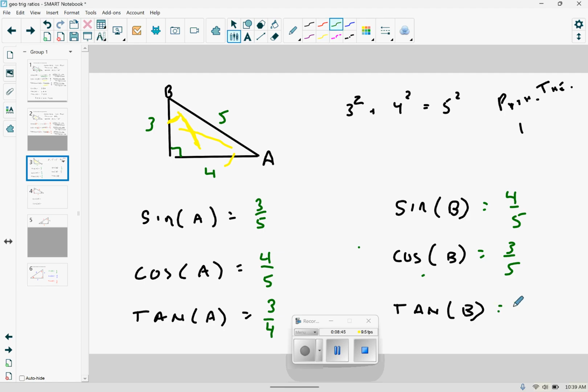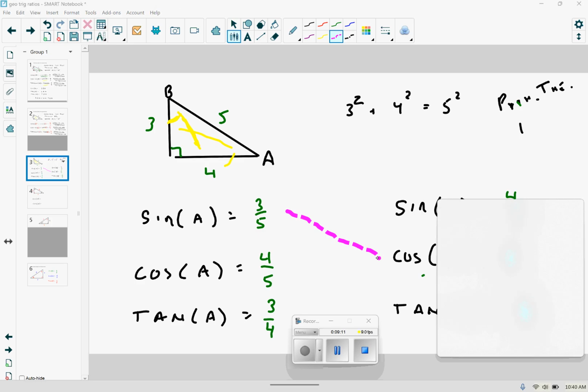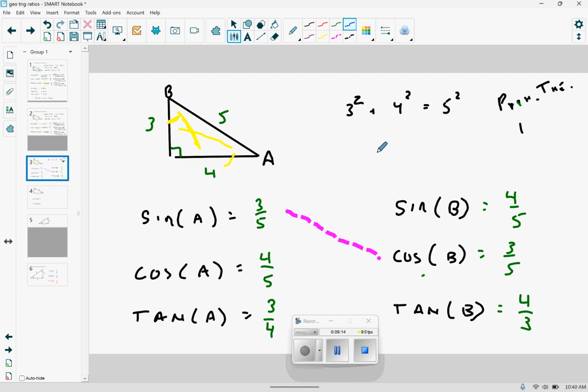And one thing that I want you to observe, and this is going to be an important property of trigonometric ratios down the road, is that the sine of A is equal to the cosine of the complement of A. A and B are complementary angles because the measure of angle A plus the measure of angle B has to equal 90.